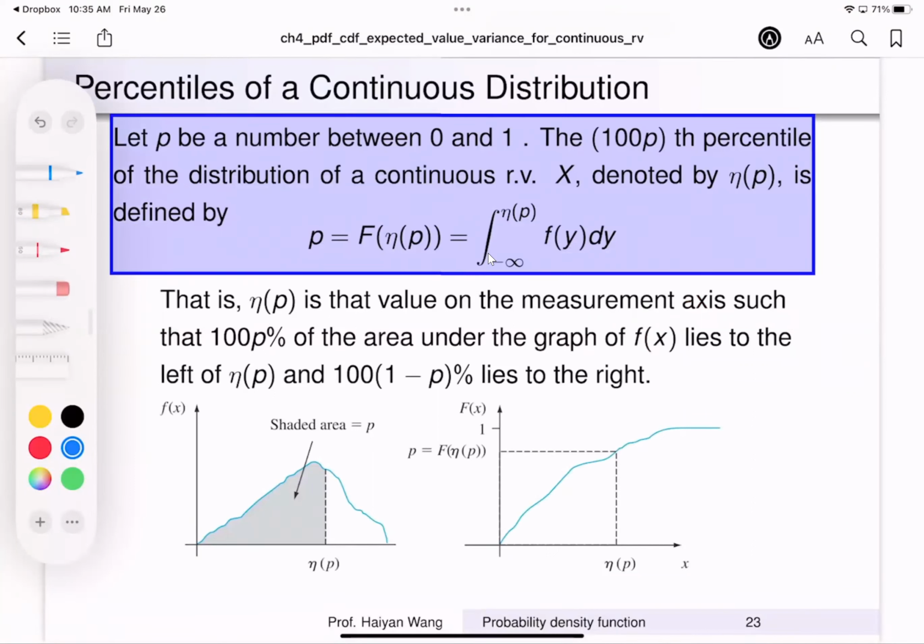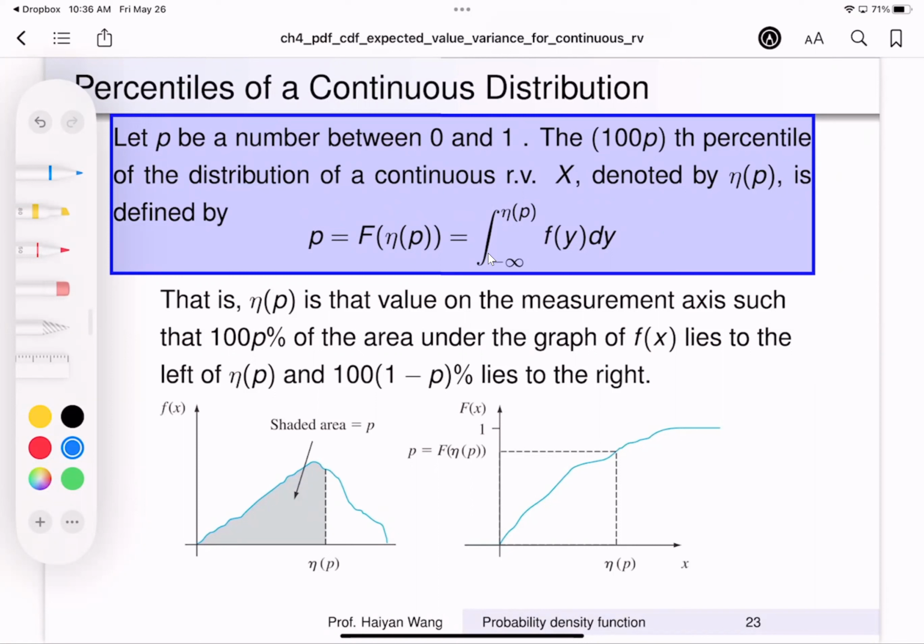For example, the 95th percentile would refer to the value such that the probability of the variable being less than or equal to it is 0.95.